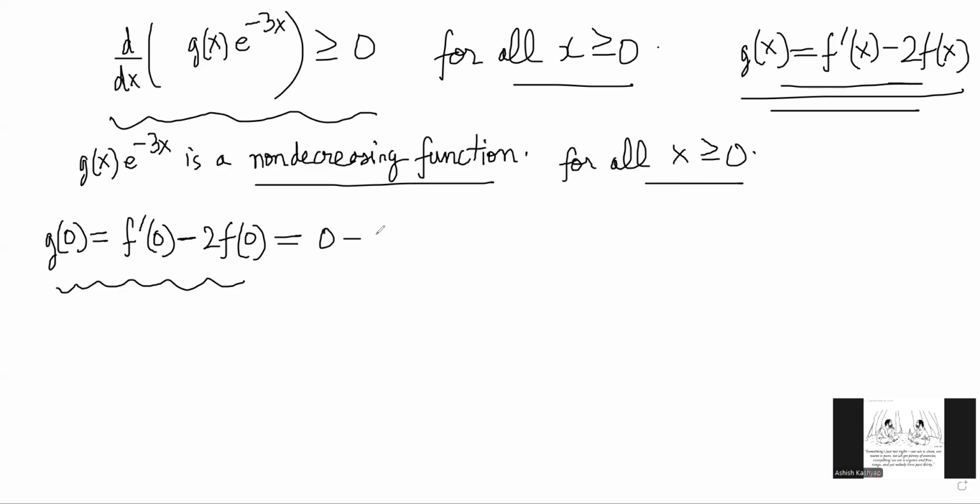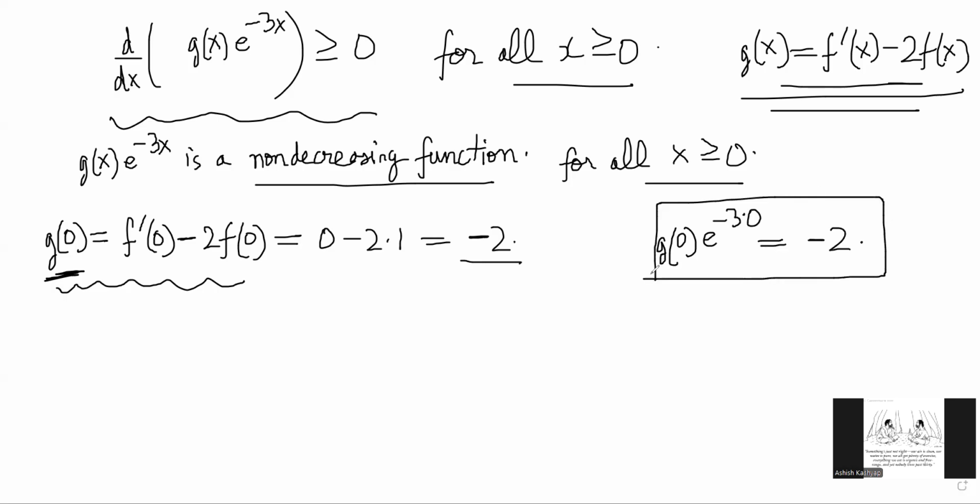So it is going to be 0 minus 2 into 1, according to the data in the question. So g of 0 is minus 2. Therefore g of 0 e power minus 3 into 0 would be basically minus 2. In this function, if I put 0, the value will come out to be minus 2.